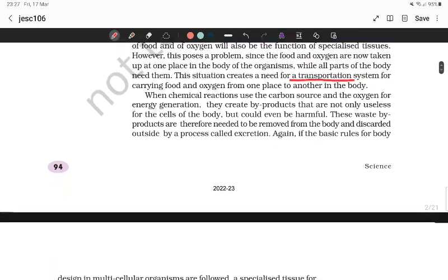When chemical reactions use the carbon source and the oxygen for energy generation, they create byproducts, meaning they produce wastes. They are not usually useless for the cells of the body but could even be harmful. So whenever these biochemical reactions take place in the cells, they definitely produce a lot of waste products, and these waste products are definitely not good for the cells or the organisms, so they should be removed.